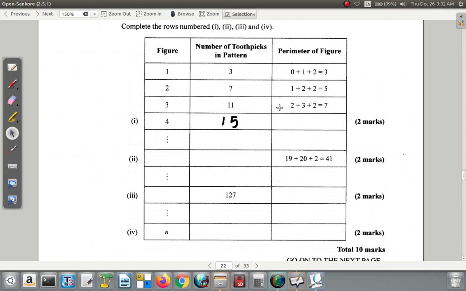Perimeter: 2 plus 3 plus 2. 2 top, 3 bottom, 2 sides. Let's see if that is the case.